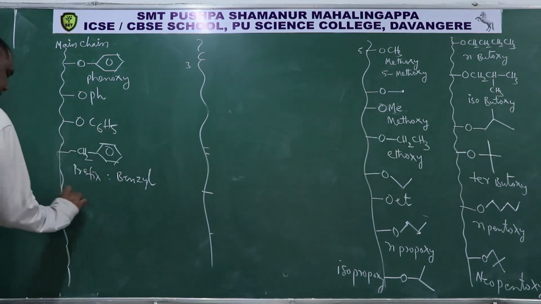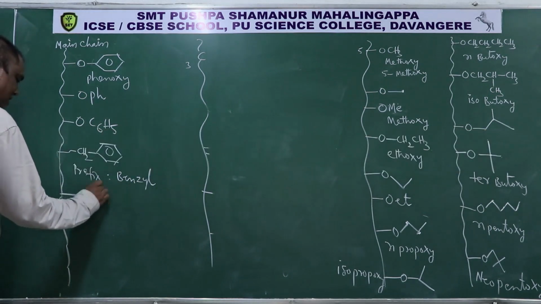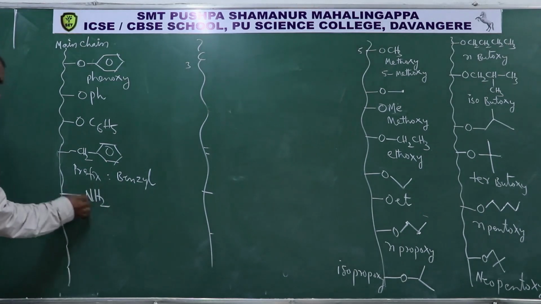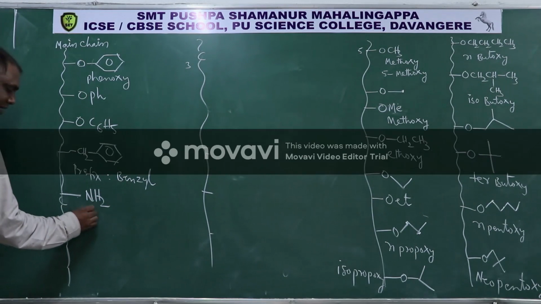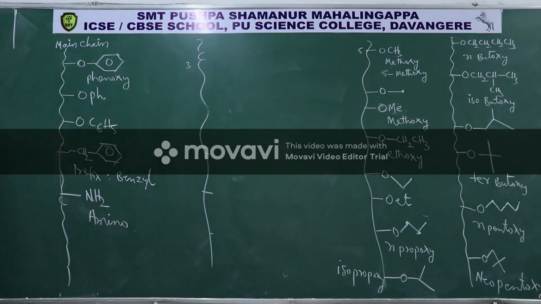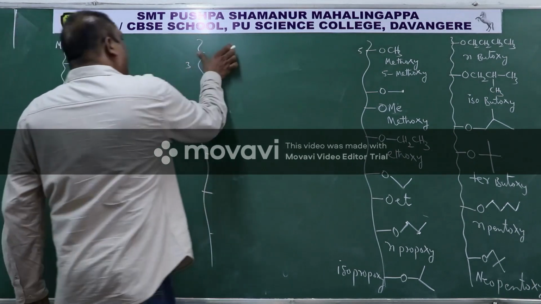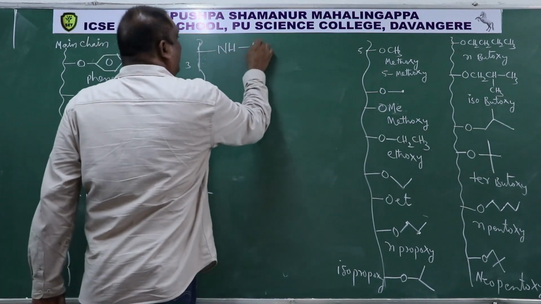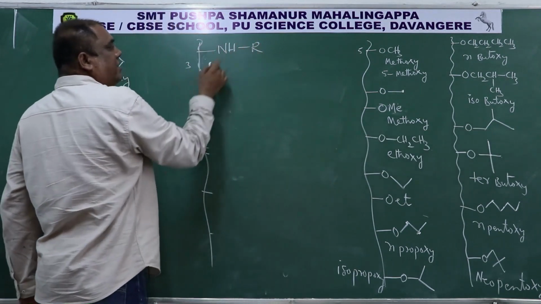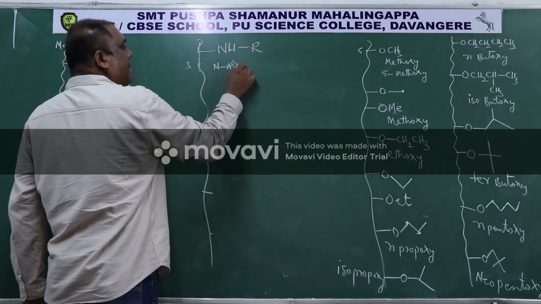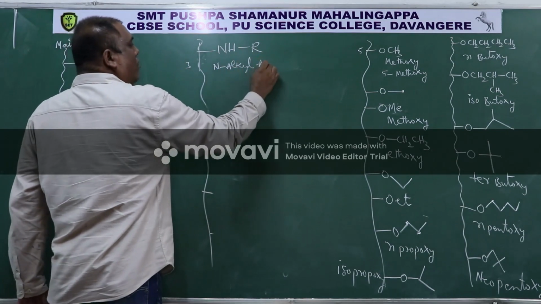Now this is the main chain, to that NH2 is attached, then the side chain name, or I can say prefix, is written as amino. Now here, in this NH2 group, one hydrogen I am replacing by R, meaning R is attached to N, then the prefix or side chain name becomes N-alkyl amino.